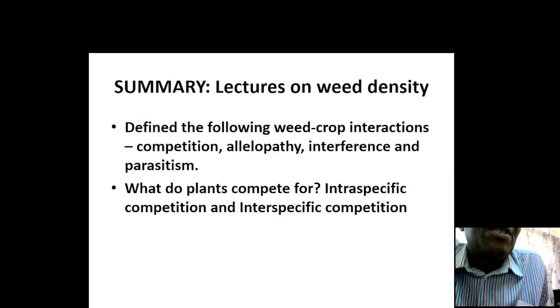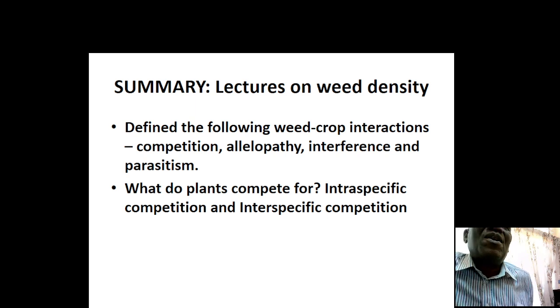Now I'm going to summarize what we talked about in these two lectures on weed density. We defined the following weed-crop interactions. By now probably we should have an idea of what is competition, allelopathy, interference, and parasitism.